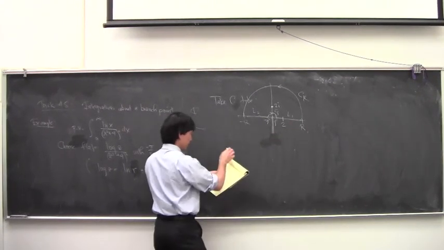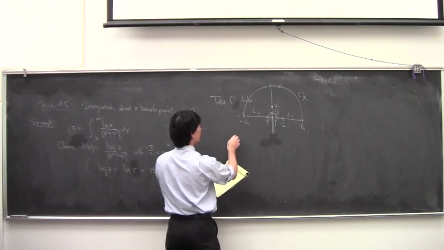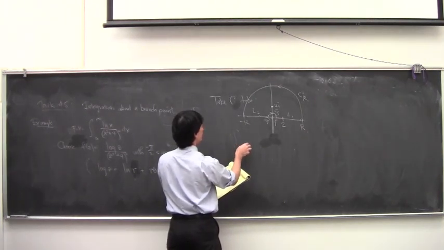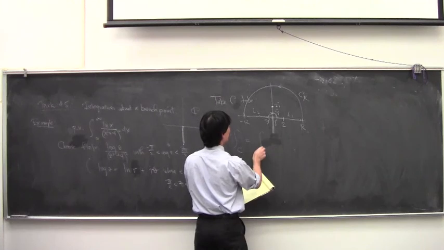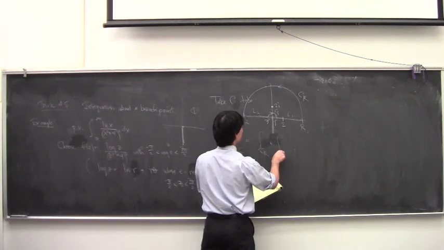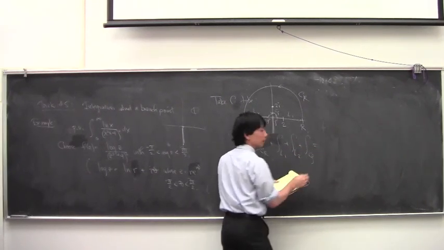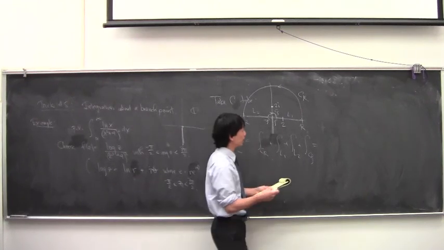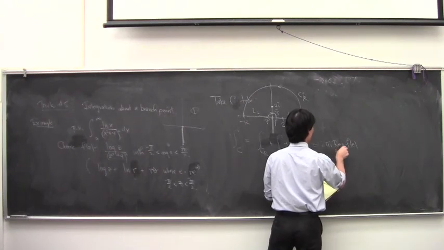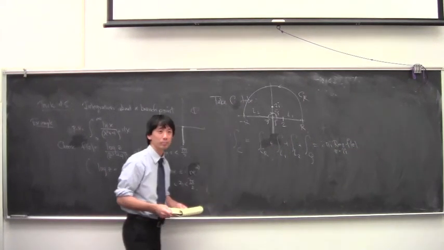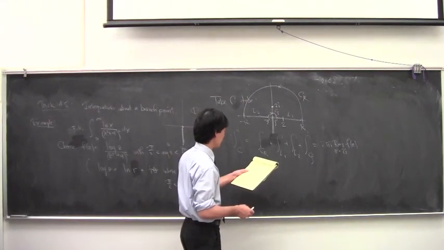Then, just as before, the integral over the whole contour C, that's to say the integral over C sub R plus the integral over L1 plus the integral over L2 plus the integral over C rho, is 2 pi i times the residue at 2i.